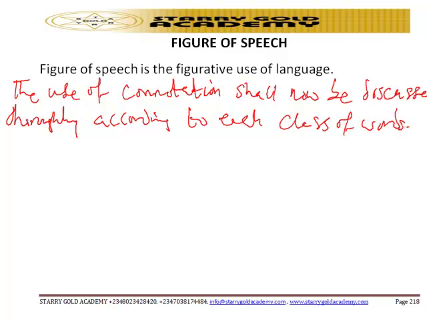The first one, figure of speech is an extension. That's why I say it's one that gives birth to it. It's an extension or classification of the word connotation. It gives life and vividness to writing effects. When we're talking about vividness, what do we mean by vividness? It means clearness.